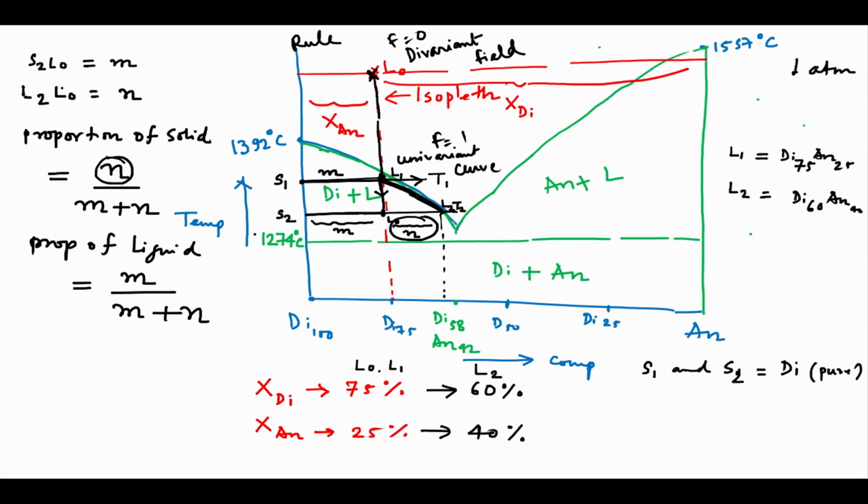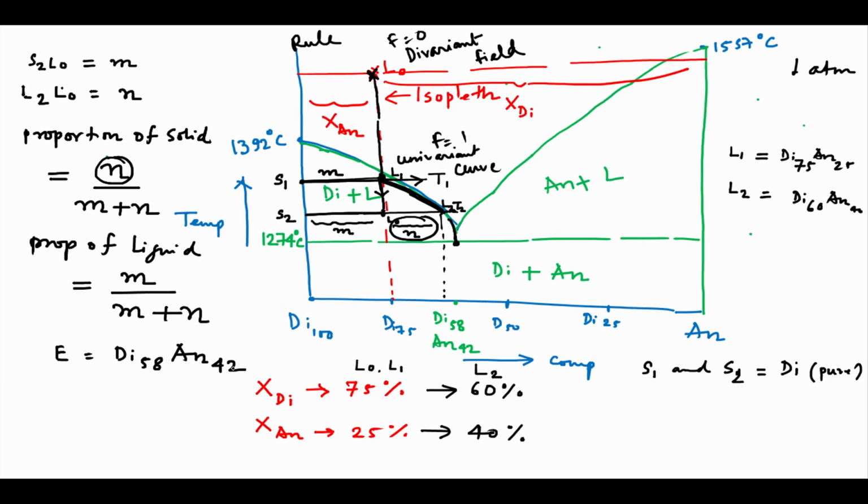So, this reaction will continue until you reach the eutectic point. Okay. When you reach the eutectic point, your composition will be close to diopside 58 and anorthite 42.